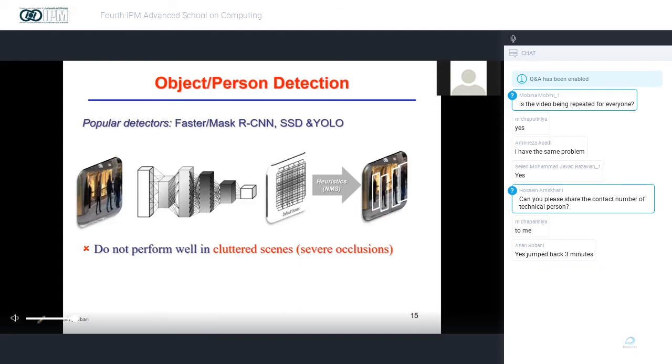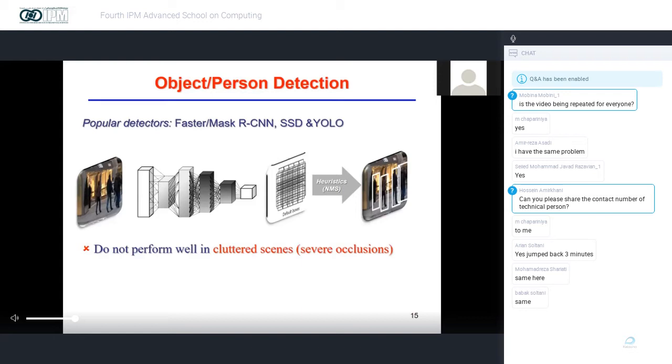And another thing is that this post-processing cannot be avoided, and therefore those detectors cannot easily be incorporated into end-to-end learning pipelines, unless we just rely on the raw scores and these dense measurements, which is less desirable for the later stage.